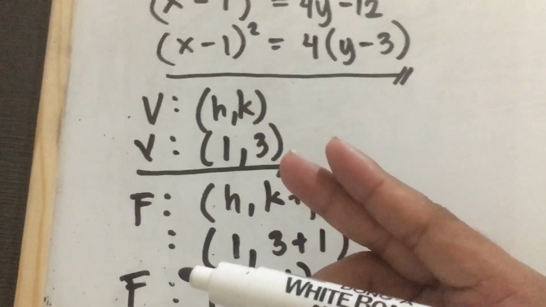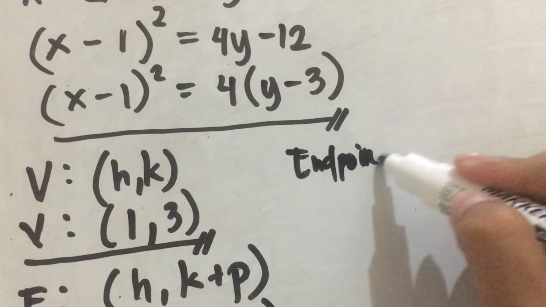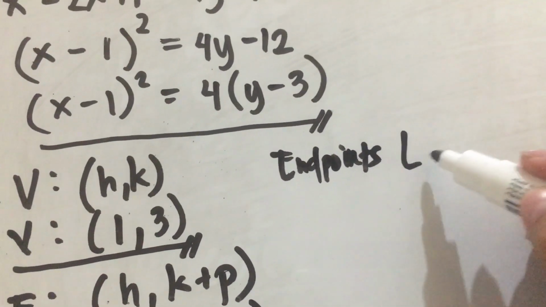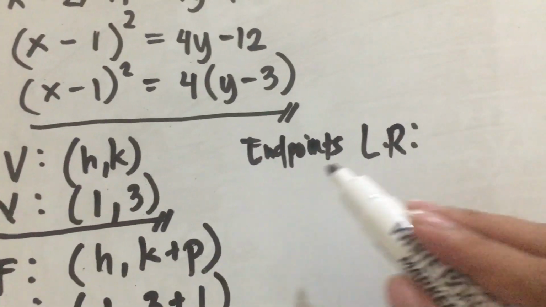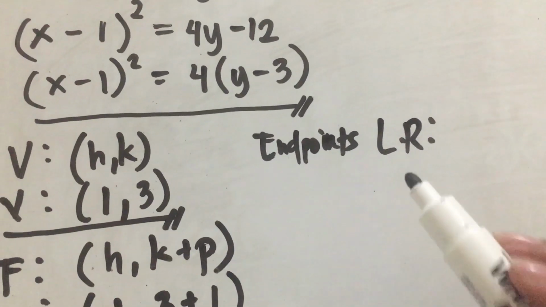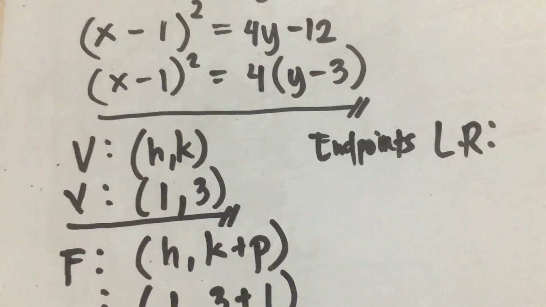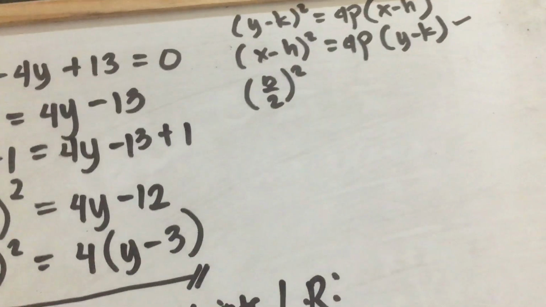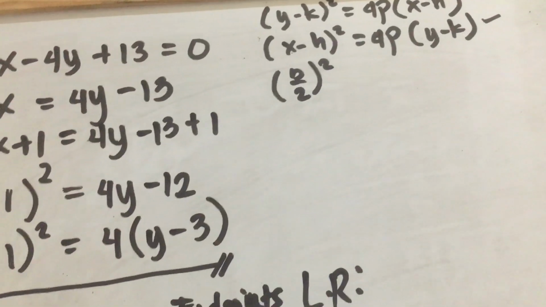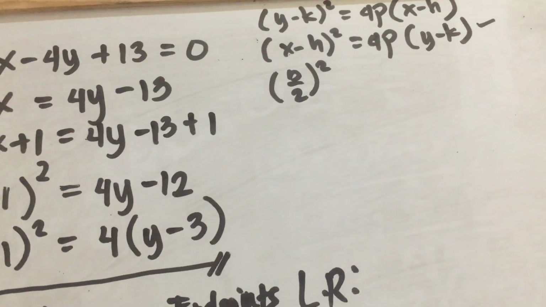So, aside from the vertex and the focus, we also need to find the endpoints of the latus rectum. So, what is the formula for finding the endpoints of the latus rectum with the standard form x minus h squared is equal to 4p times y minus k?